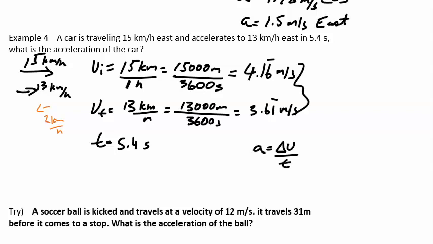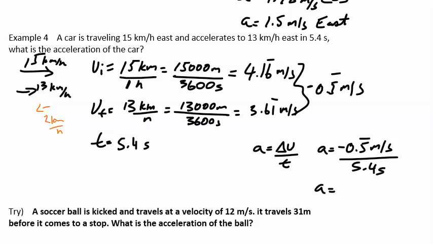That change in velocity is actually 0.5 repeating meters per second, but it's going in a westerly direction, so we're using a negative there. a is equal to negative 0.5 repeating meters per second over a time of 5.4 seconds, which gets you an acceleration of negative 0.10 meters per second squared. Now you could put a negative there, or we could write it like this, meters per second squared going west.